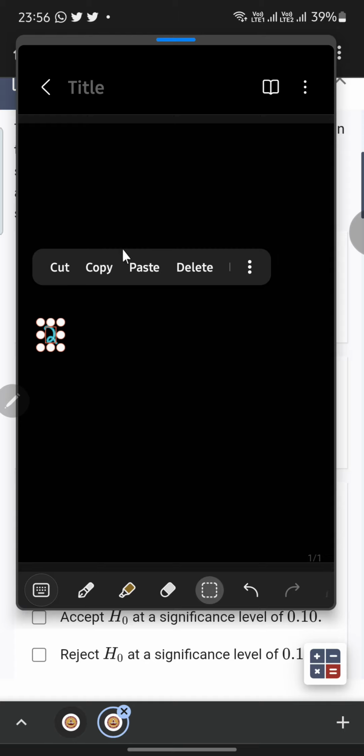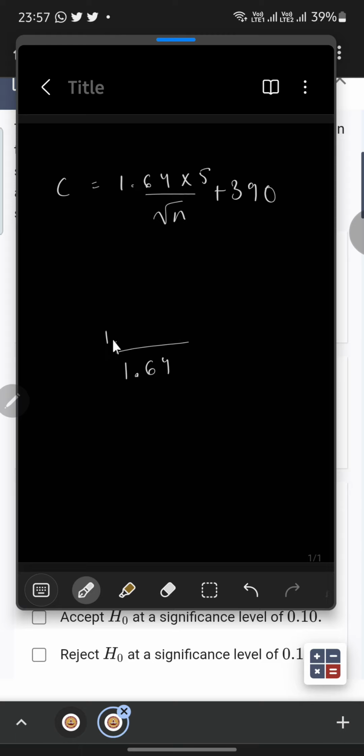According to our previous results, our C was 1.64 into 5 by root n, plus 390, right? So we just substitute n, root n equals to 1.64 into 5 plus 390.